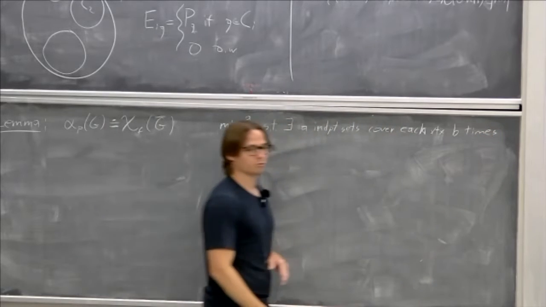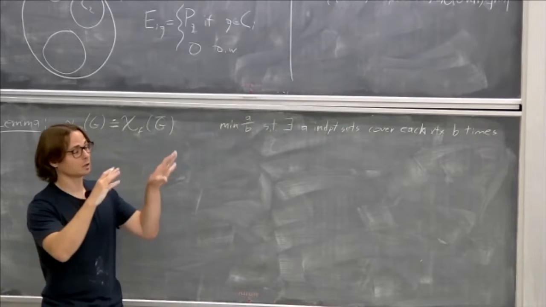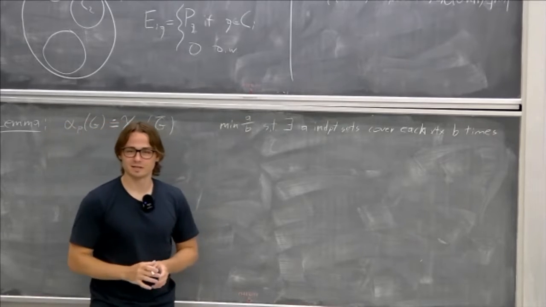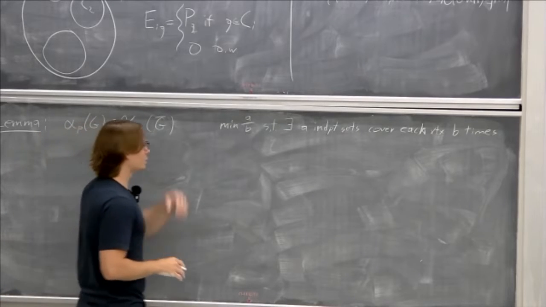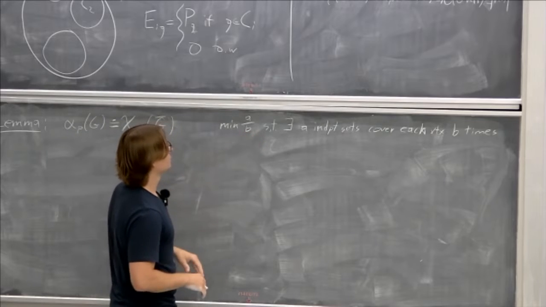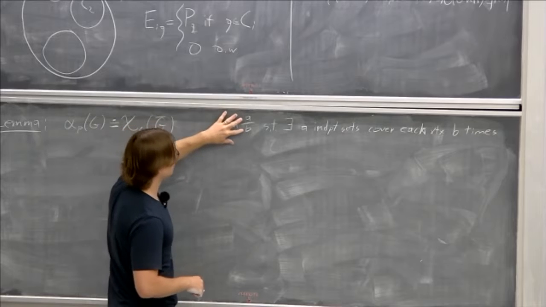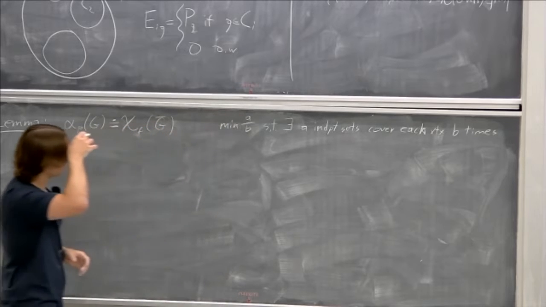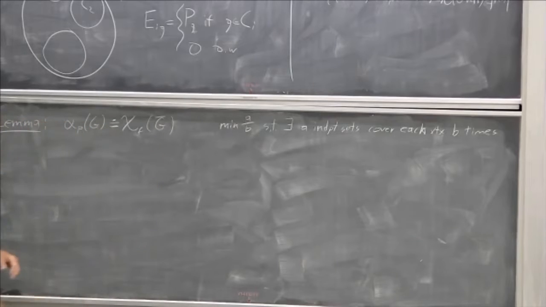For coloring, you want a collection of k independent sets that hits every vertex exactly once. Here, I'm allowing you to hit vertices multiple times, but I normalize by dividing the number of independent sets by the number of times you hit every vertex. That's one way of defining the fractional chromatic number.